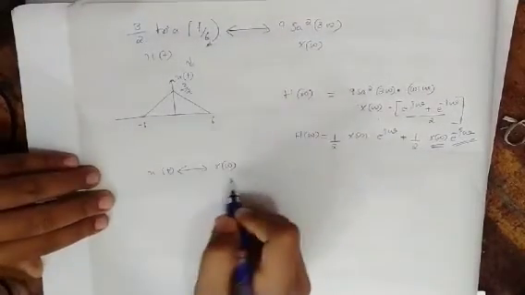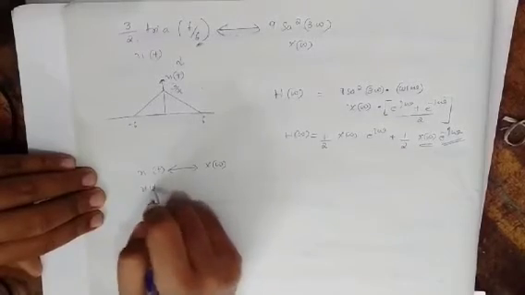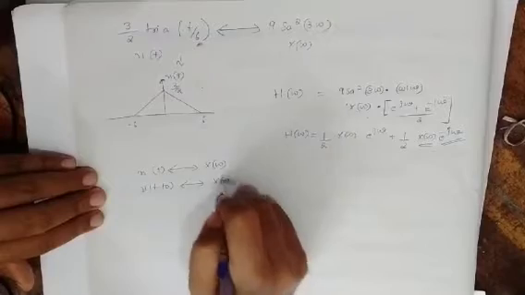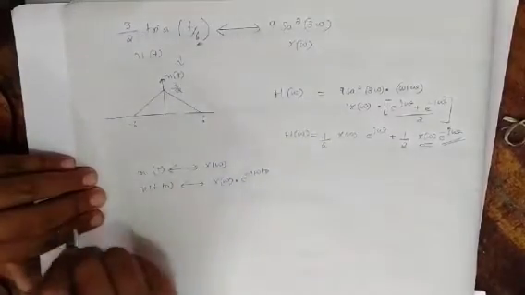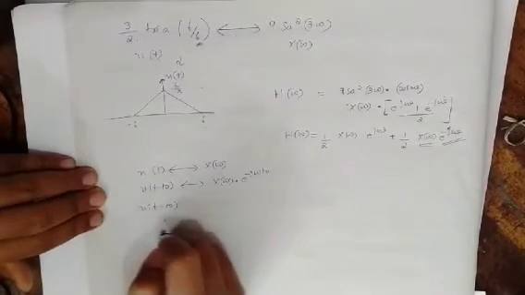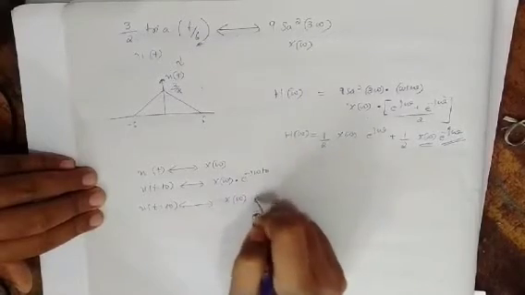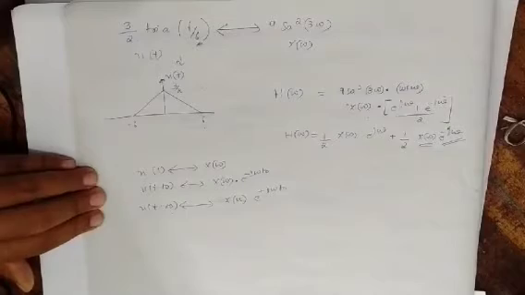So x of t having a Fourier transform of x of omega, and if it is shifted by t0, we will have a Fourier transform of x of omega into e raised to minus j omega t0. If it is shifted to the other side, that is x of t plus t0, it will have a Fourier transform of x of omega into e raised to plus j omega t0.